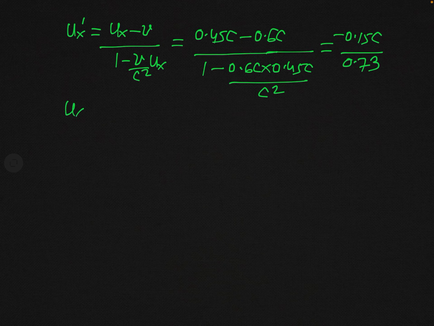And so, after doing the algebra, that will be minus 0.205c. So we have obtained the x component of the velocity of spaceship S2 with respect to S1. Now we have to find the y component of velocity of spaceship S2 with respect to S1.